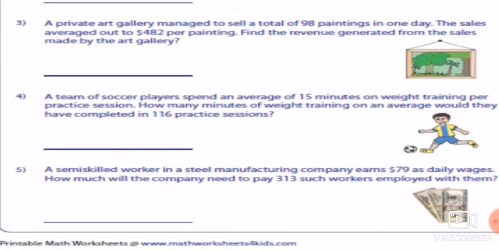Now here the average sale of one painting is $482. So what will be the total revenue, meaning the total sale money of 98 paintings? Again here you are going to multiply 482 by 98. See, in the second line of this question it is given that the sale averaged out to $482 per painting, meaning the sale money of one painting is 482.